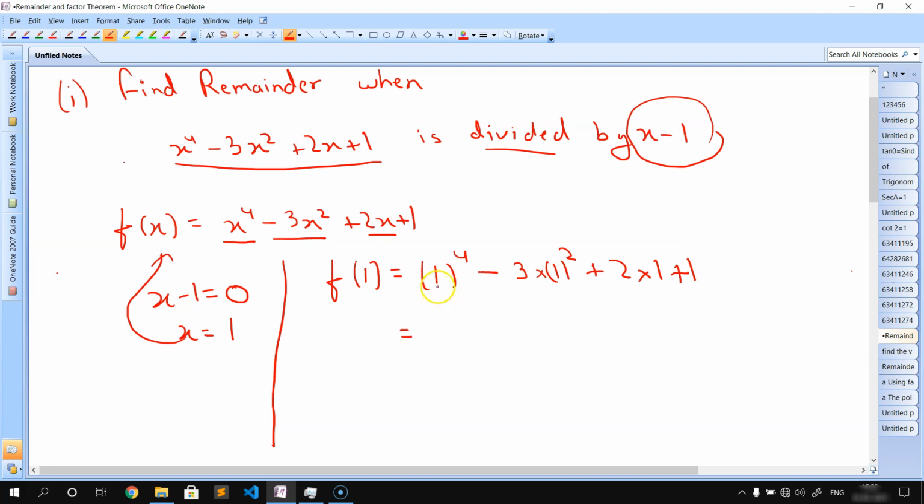After solving, 1 to the power 4 will be 1, minus 3 into 1 square is minus 3, 2 into 1 will be 2, and plus 1. So our answer will be 1 minus 3 is minus 2, plus 2 is 0, plus 1. So the answer is 1. Its remainder is 1. So let's move forward and see the next question.